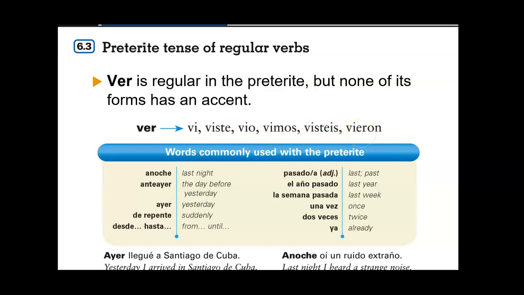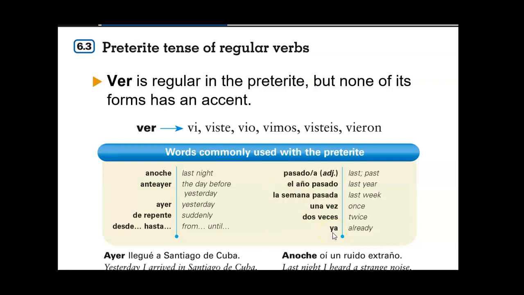Another thing you might want to write down, it's not a might, I would. These are all key words: anoche, anteayer, ayer, de repente, desde, hasta, pasado, el año pasado, la semana pasada, una vez, dos veces, ya.